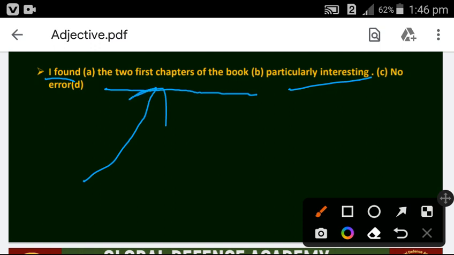Here is also an error of ordinal and cardinal number: the two first chapter. The sequence to be followed is first ordinal, then cardinal.